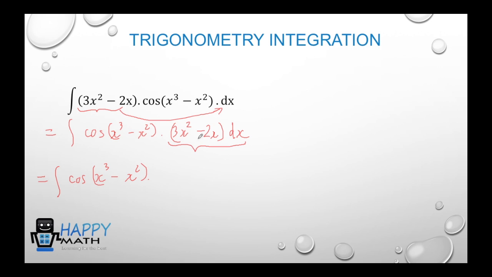When I integrate this one, 3 x squared minus 2x, it will become d of x power 3 minus x squared. So the main function of the cos x equals the variable of the derivative. So take the cos function inside the derivative, and it will become the sine function.